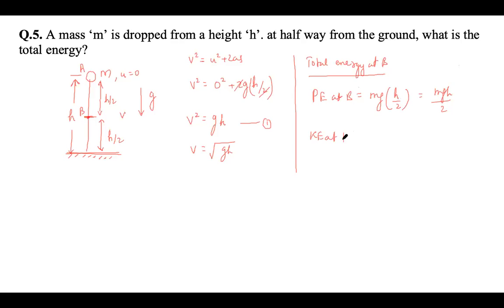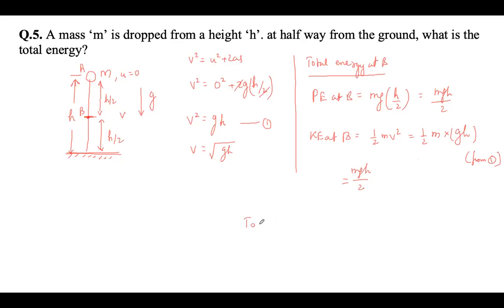Kinetic energy at B is equal to half mv square, half into m into v square, कितना है gh के बराबर है from 1. Okay, so this will become mgh by 2. Half mgh means mgh by 2.